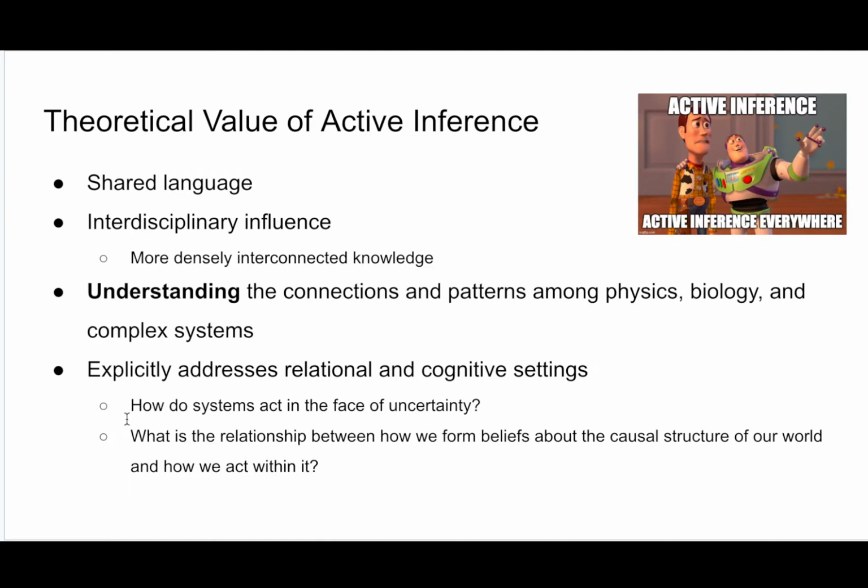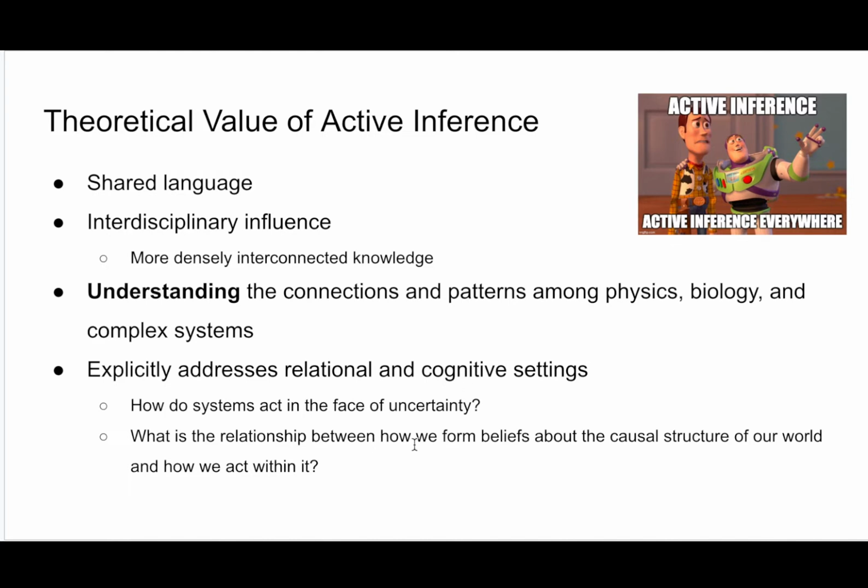This means we can ask and potentially even answer questions such as, how do systems act in the face of uncertainty, which can be applied to how we ourselves understand our own actions and how we evaluate our uncertainty and how that can lead to stochasticity in our daily routines, which is related to fields such as cognitive security, as well as higher level societal organizations.